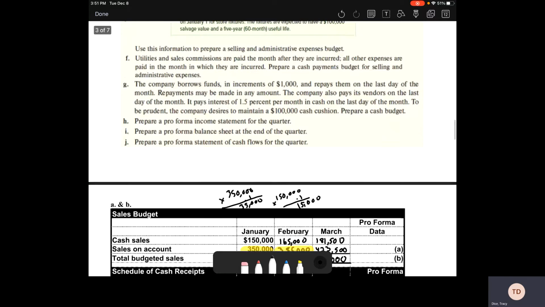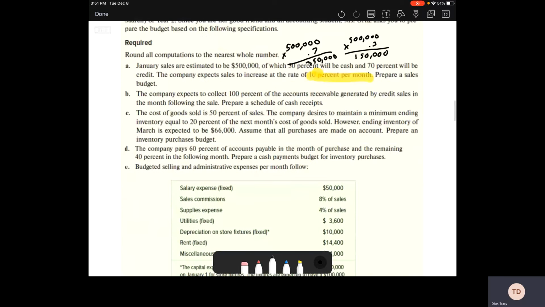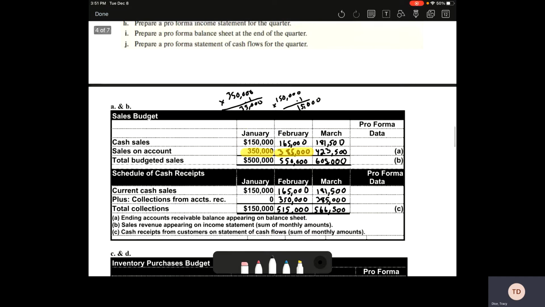Now we've got to figure out what's going to go on our pro forma statements. So for part A, we're going to see what is on our accounts receivable at the end of the month. Well, we've paid off January and February, so that means we have $423,500 left in our accounts receivable.